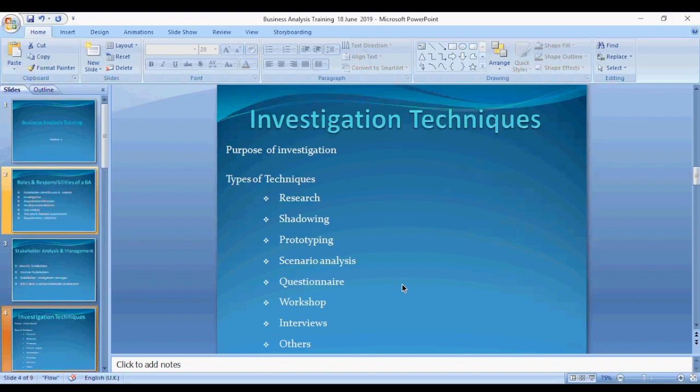The requirement is on the EU regulation website. So you have to go on the internet to the GDPR website to actually read the requirements. What are the requirements for the GDPR that the organization needs to comply with? That's one example of researching, because you have to research the requirements from the website or from the internet.